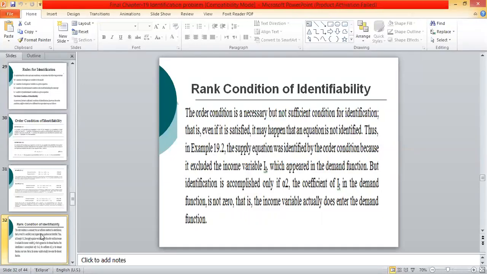That is, we may not be able to estimate the structural parameters from the reduced form coefficients. It means the variables that are excluded from one equation are present somewhere else in the model.